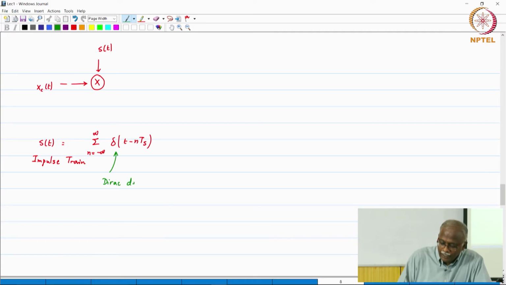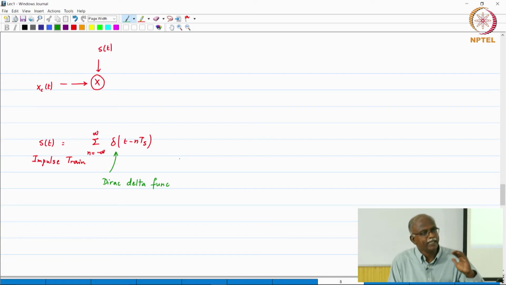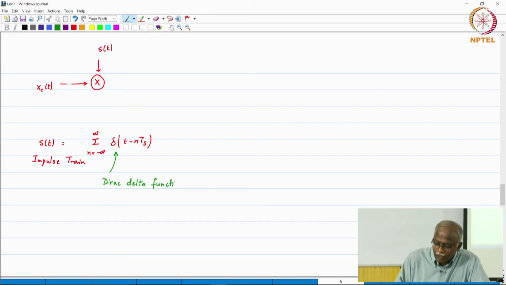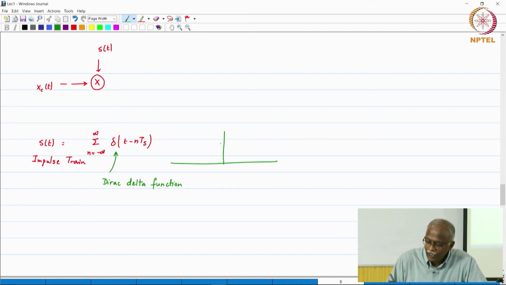It would be important for us to be familiar with the properties of the Dirac delta function, properties such as the sampling property and the area property. Again, we will just touch upon it briefly because that is not our focus. If you were to represent this, you have a set of Dirac deltas which are uniformly spaced.